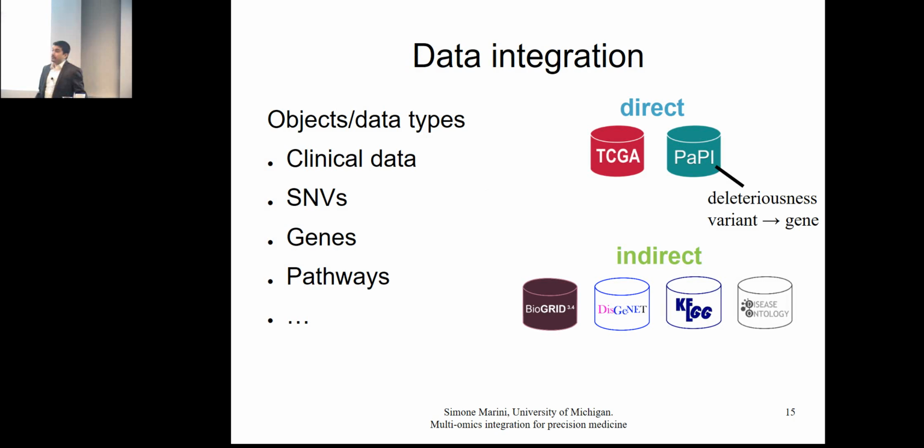But what about the indirect information? Well, here is the direct information that I'm using here, the information from TCGA. Then I designed this algorithm, which is a way to weight the deleteriousness of the single nucleotide variants. So instead of saying this patient has this single nucleotide variant, I can say this patient has this single nucleotide variant, which I suppose to be this much dangerous.